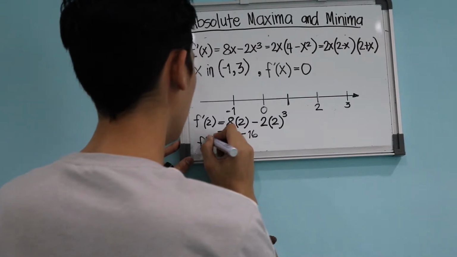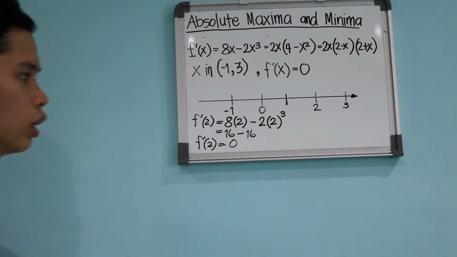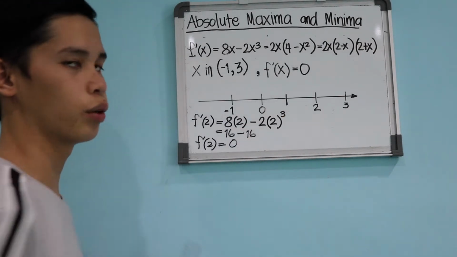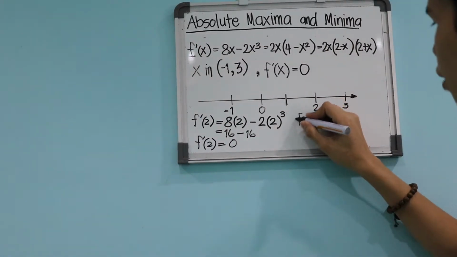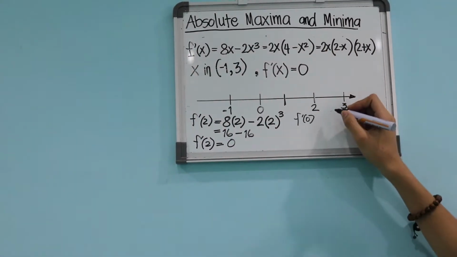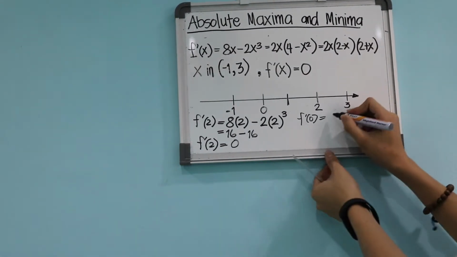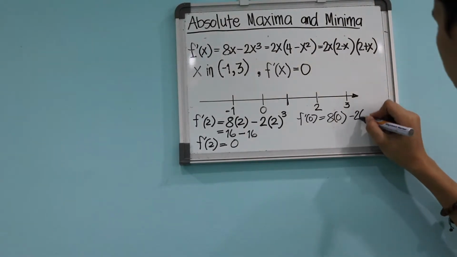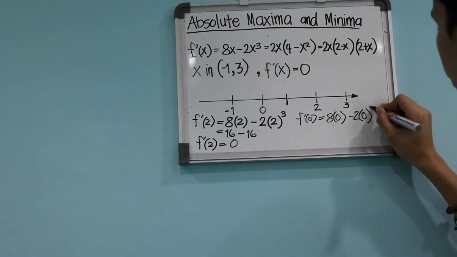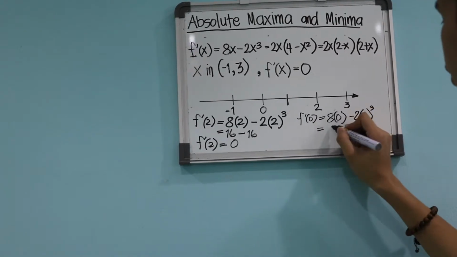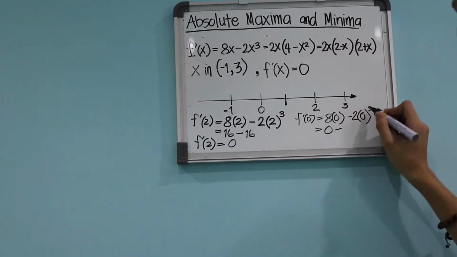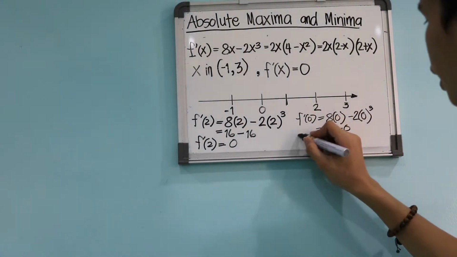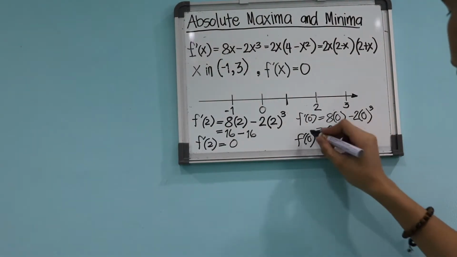So f prime of 2 is equals to 0. I will try also the number 0, which f prime of 0 is equals to 8 times 0 minus 2 times 0 cubed. So 8 times 0 is 0, minus 2 times 0 cubed is 0, then 0. F prime of 0 is 0.